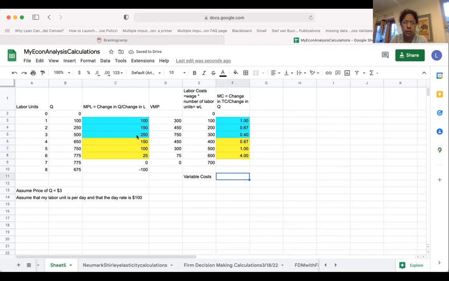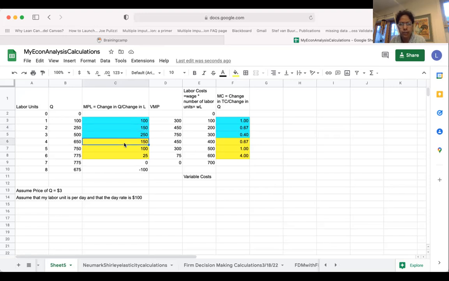And I want to make another note here. If the marginal product is increasing at an increasing rate, what do I mean by that? I mean, I start out at 100, then I add 50, then I add 100. The rate at which the marginal cost is decreasing should also be decreasing.